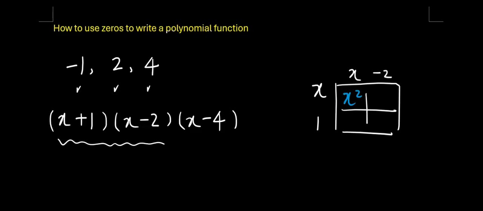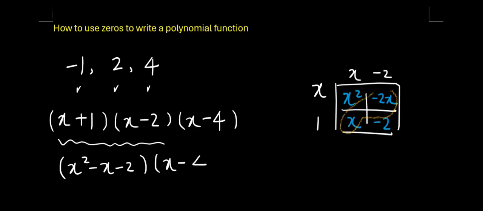X times -2. Good. X times 1. And 1 times -2. And then we're going to combine like terms. So these 2 give us x squared minus x minus 2. Then don't forget we're going to times x minus 4.